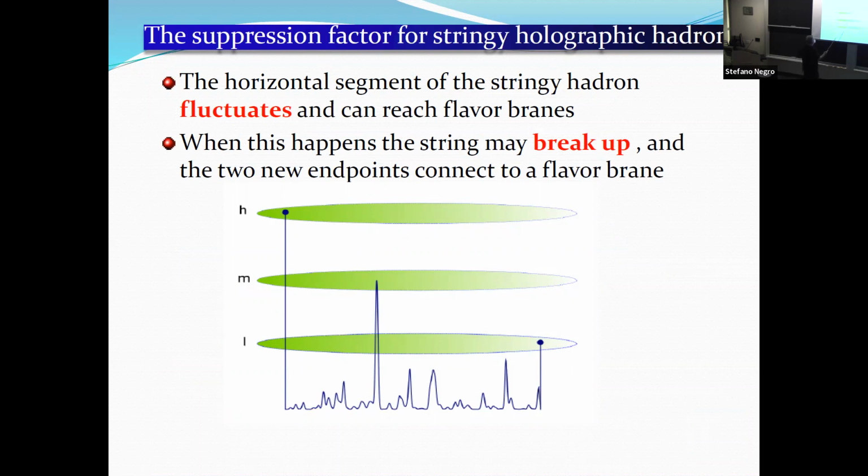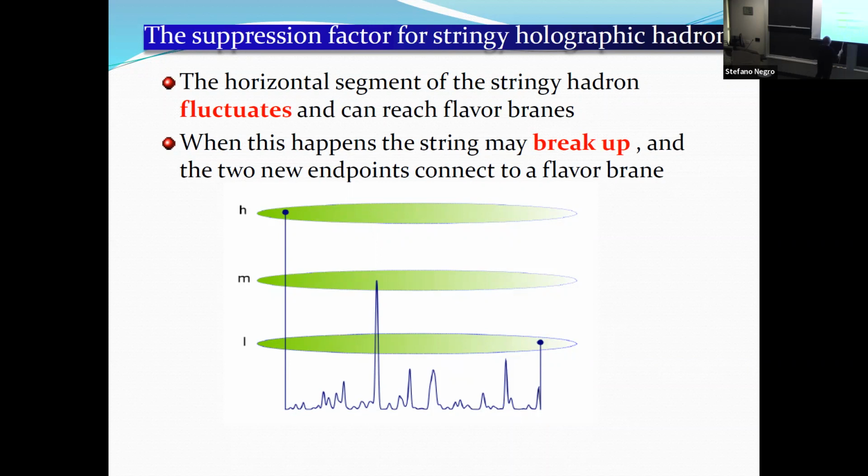So what does it mean to break a string in holography? It cannot break at any point, but only when it hits a flavor brane, right? So the question is, what is the probability that a string that stretches along the wall will hit some flavor brane? That's an exercise that one can do.